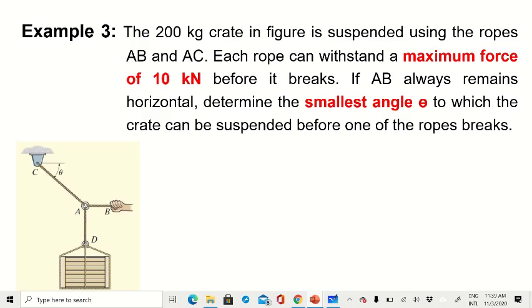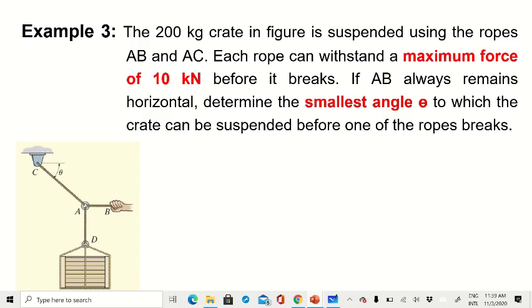By just looking at this figure, you cannot say which rope will reach the 10 kilonewton first, right? So the first thing is that you should draw the free body diagrams, then write down the equilibrium equations, and only then can we find out which rope has the larger tension.